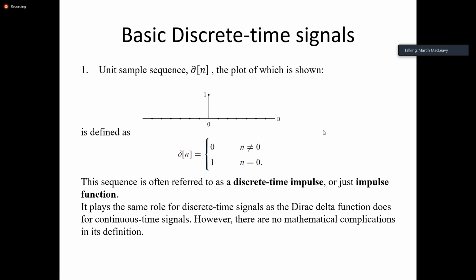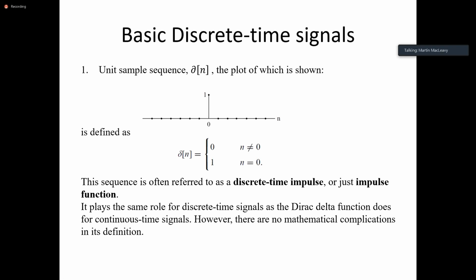Is everybody hearing all right? I hope. All right, what do we mean by no mathematical complications? The Dirac delta function in continuous time has infinite amplitude and 0 width, as far as I remember.